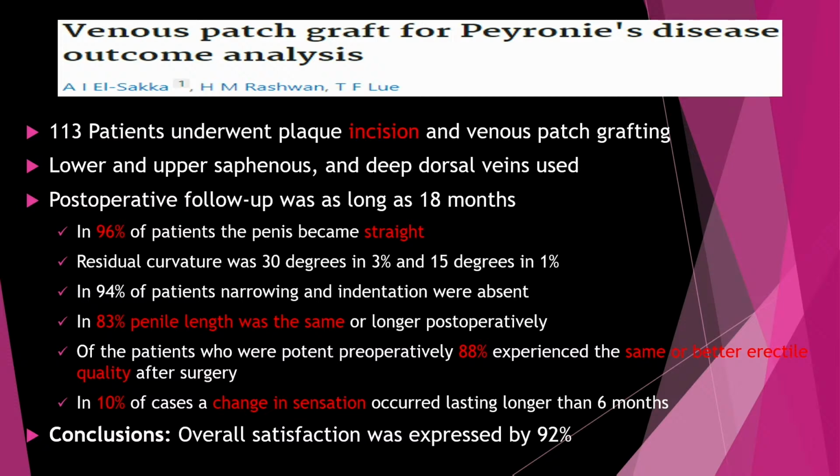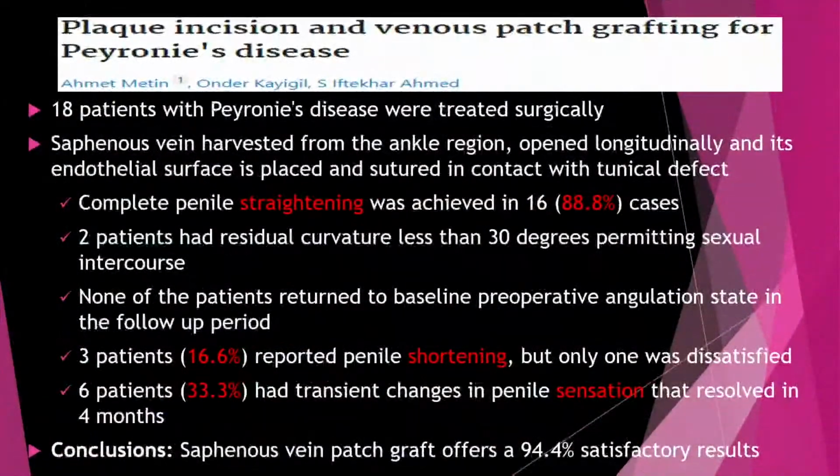The residual curvature was 30 degrees in only 3%, and one of the patients had a residual curvature of 15%. 83% had reported no change in the penile length, and even others reported lengthening of the penis.